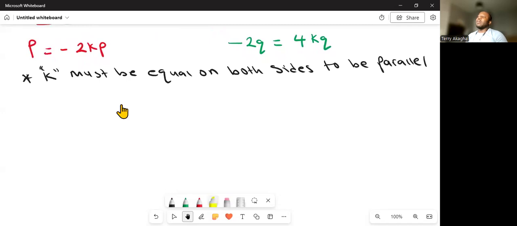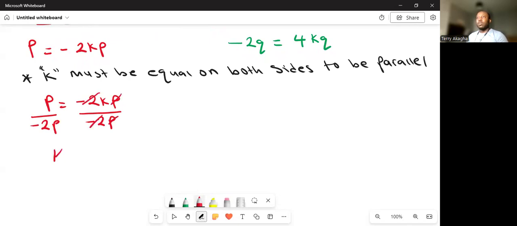I'm going to start with the red one, the P. So we have P is equal to minus 2KP. We're looking for K. I'm going to divide both sides by minus 2P. Minus 2 will cancel minus 2, P will cancel P to give you K. P cancels P, and you're going to have minus 1 over 2. Are you seeing it?